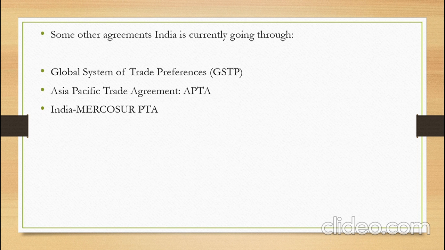We know that at the end we have to import the essentials from one country or the other. But what if we have an agreement with that country, and in return we ask them to give preferential rights to our products as well? So it becomes beneficial for both countries to enter into an agreement and establish a mutual understanding. That's why trade agreements have come into place and have gained attraction.